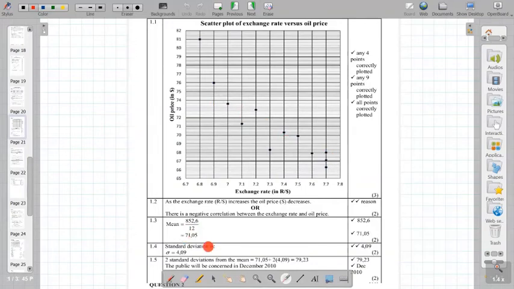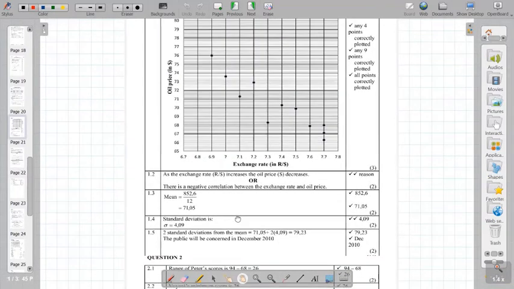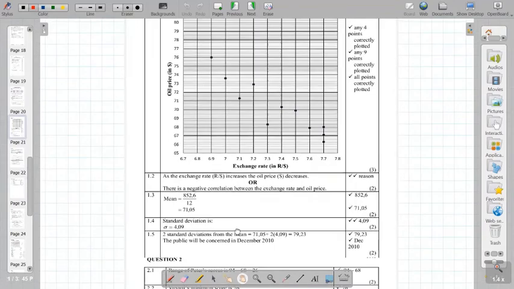The mean and standard deviation from the calculator wouldn't be a problem. And as for an outlier, that was the question. That first value seems to be too high, too far away from the others. The line goes like that, but that 66.8 and 81 is quite above. So we can just mention that as an outlier.